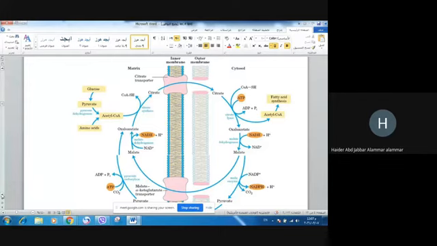And pyruvate can easily enter the mitochondrial membrane to be involved in the citric acid cycle. Is that clear?